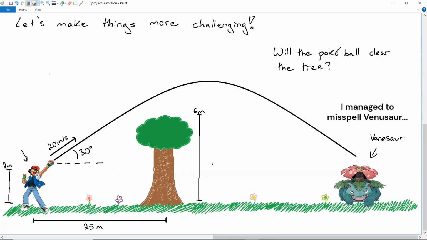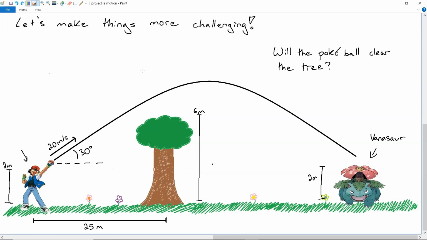And I did actually look this up. Venusaur has an official height of 2 meters. So Venusaur has the same height as Ash, which is not very realistic because Ash is 10 years old, but let's use our imagination for this scenario.